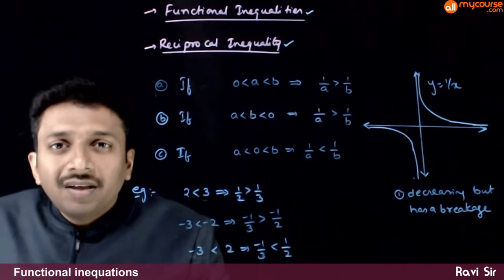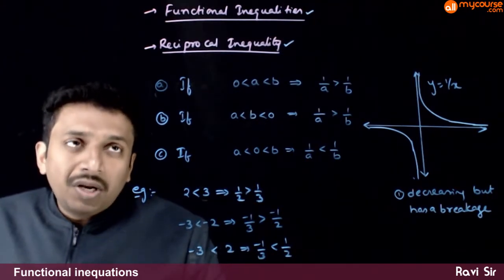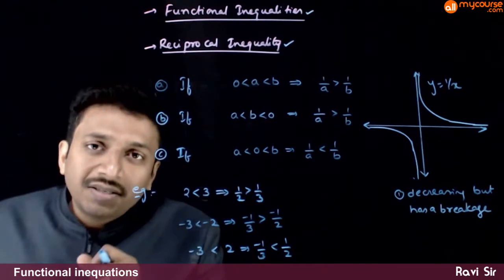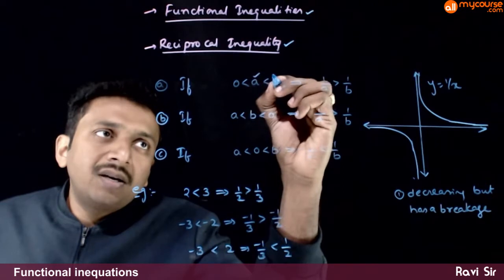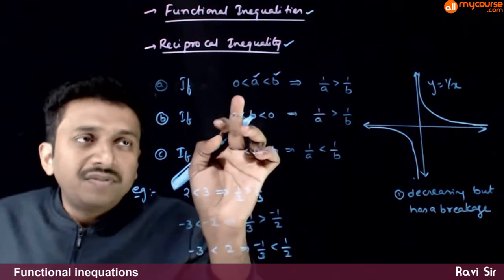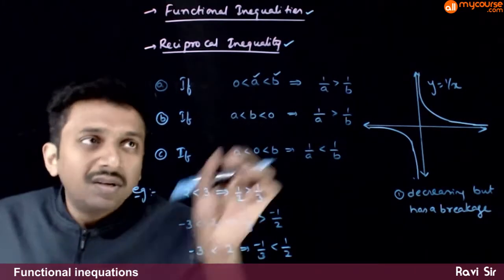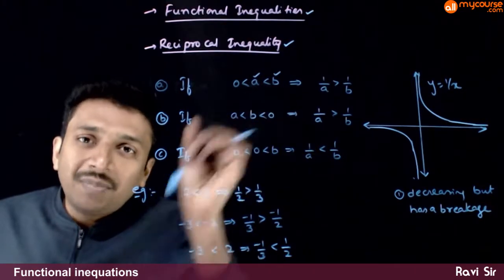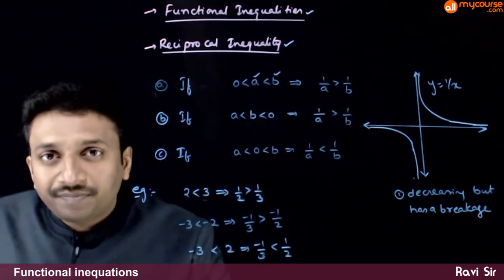So now that you have understood logarithmic and exponential inequalities, let us go to the next inequality, which is called reciprocal inequality. Now there are three results in this topic. If a and b are two positive numbers and a is less than b, then 1 by a will be greater than 1 by b.